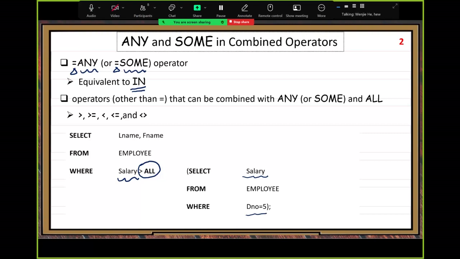So this finds the employees whose salaries are greater than the salaries of all the employees in department 5. This is also a nested, correlated query.